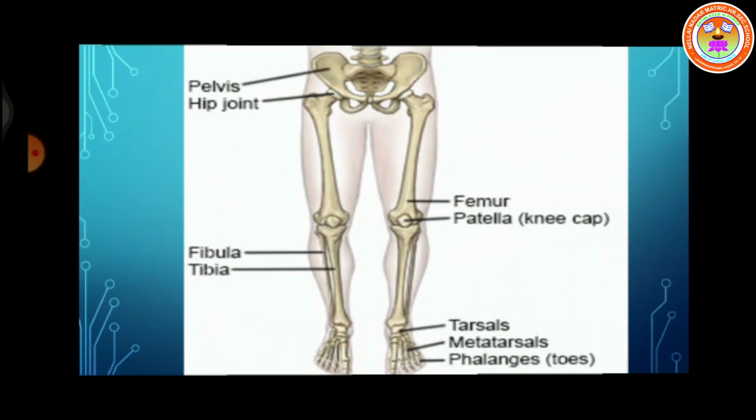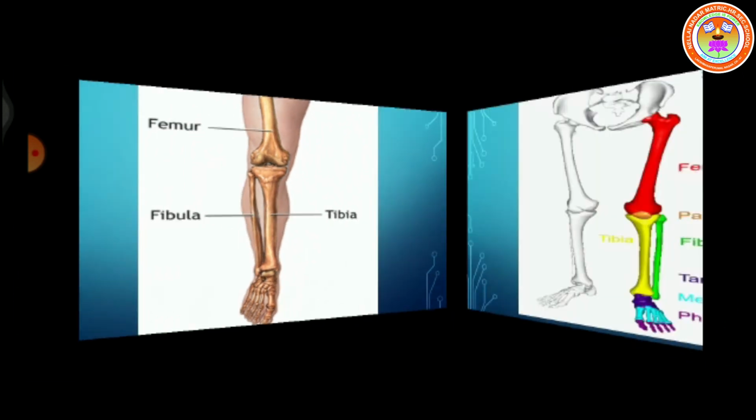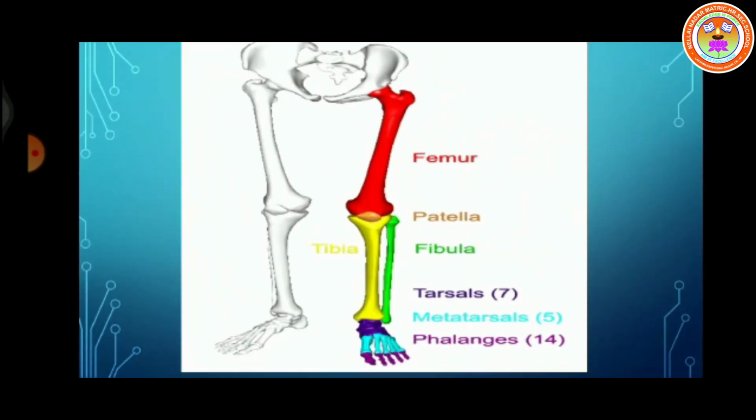The long thigh bone is called femur, and in the lower leg the two bones are called fibula and tibia, and then the ankle bones are called tarsals. Then the foot has metatarsals and the toes have phalanges. So these are the various bones found in the leg or lower limb.